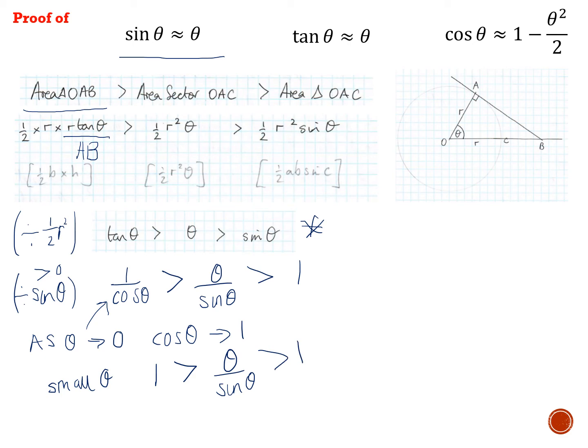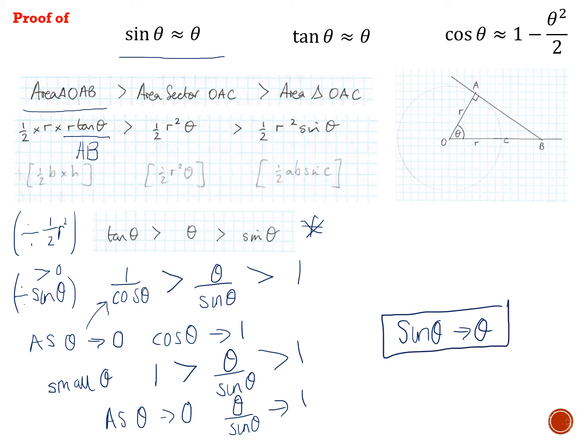So, as theta tends to 0, this theta over sine theta will basically tend to 1. You can see it's sandwiched between a 1 either side on the inequalities. So what that tells us is that sine theta must tend to theta, because that divided by that tends to 1. So that gives us our first one.